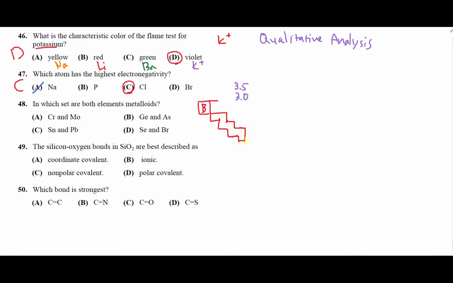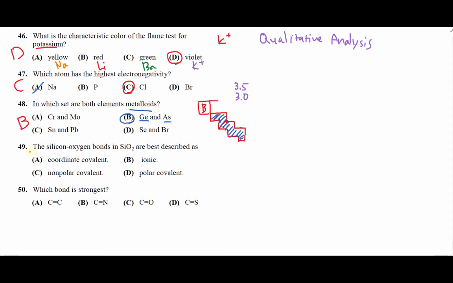These are all metalloids, meaning they have characteristics of both metal and non-metal. Okay, and these two atoms are definitely part of the metalloids. The rest, this is both non-metal, these are transition metals, and these are transition metals as well. So the answer is B. I believe this is beryllium and this is arsenic.